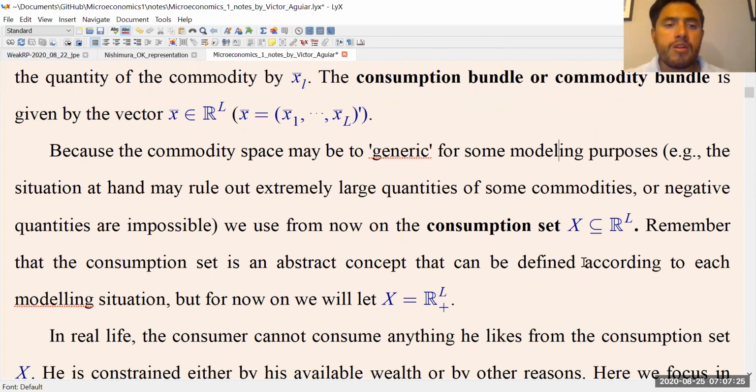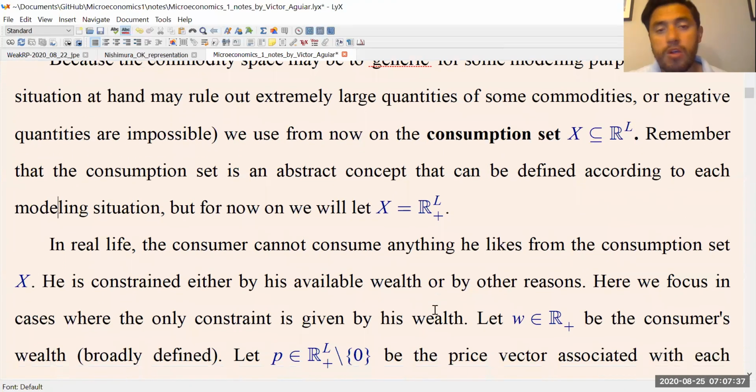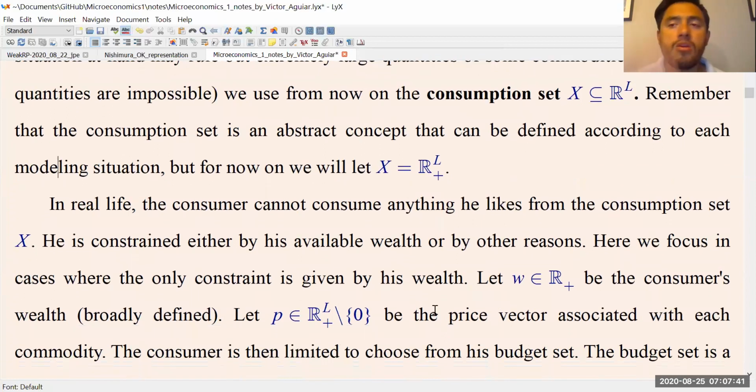So remember that the consumption set is an abstract concept and can be defined according to each modeling situation. But for now, we're going to let it be, for instance, the positive Euclidean space. So we allow zero quantities, but we don't allow negative quantities. In particular, we can change this, and very little of our theory is going to change.